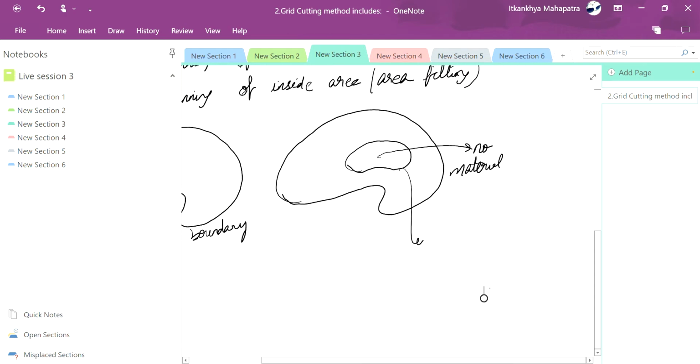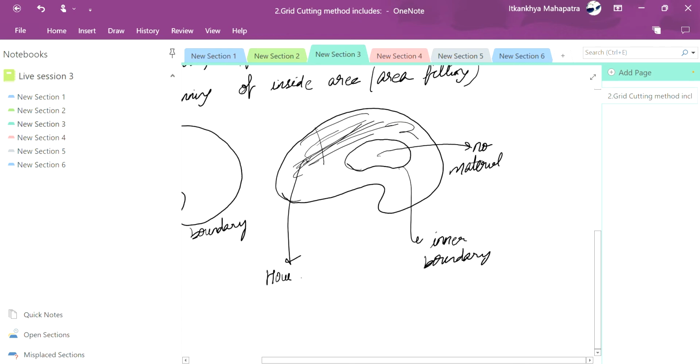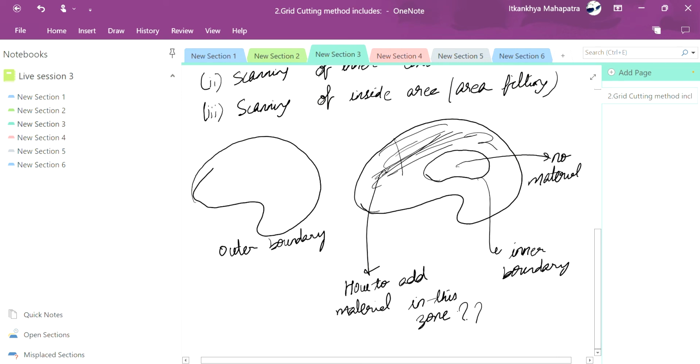Our question is, how can we add material in this shaded zone? To do this, we will follow the grid cutting method. The answer to this question is that we have to follow the grid cutting method for this.